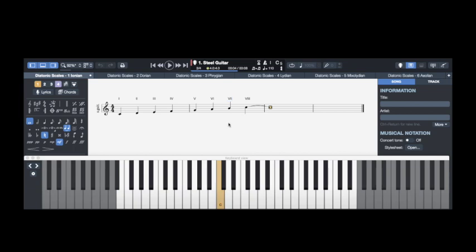So what we can do here to change this into another diatonic scale is to simply add some flats or sharps. So what we're going to do first, we're going to go to step 4, which we know is a perfect fourth, and we are going to sharpen it so it becomes an augmented fourth, like that.